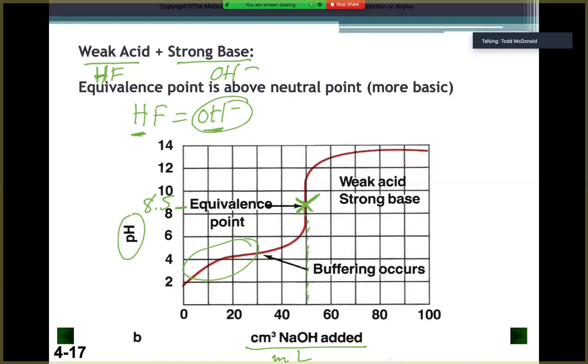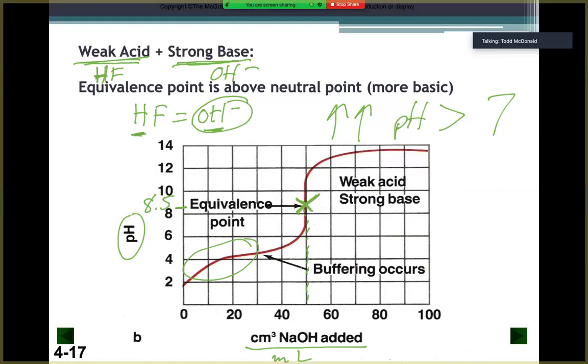And because of that, that drives up our pH to be greater than 7 for the equivalence point. So at this point here where they're exactly equal to each other, we have more OHs floating around. And this is because we're dealing with a strong base and a weak acid. That's something you're going to want to remember. The equivalence point between a weak acid and a strong base occurs at greater than 7.